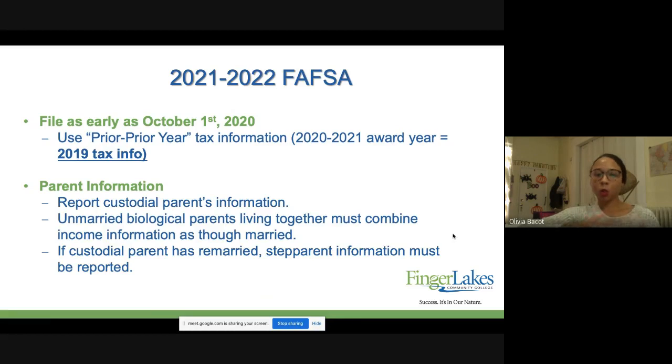So to just go over this, custodial is a biological or adoptive parent, not a foster parent, not a legal guardian. Step parent, so again, if the bio parent remarried, the step parent must provide their tax and demographic information. And then if your parents are unmarried, they're going to combine their tax information as if they were married.